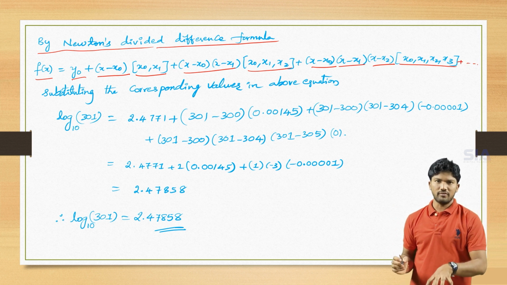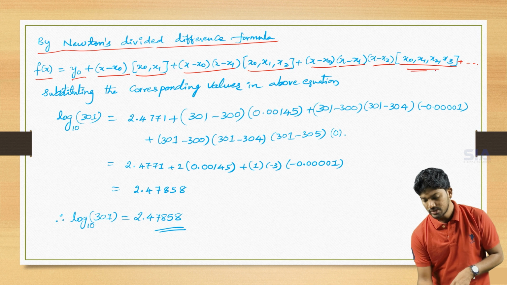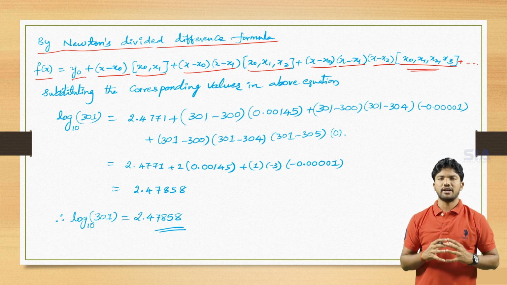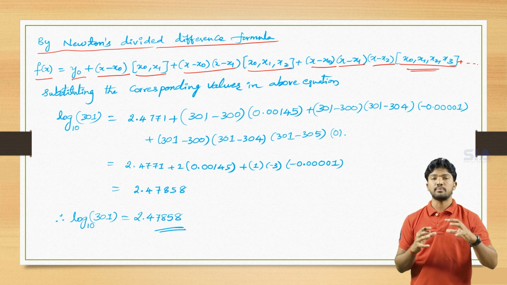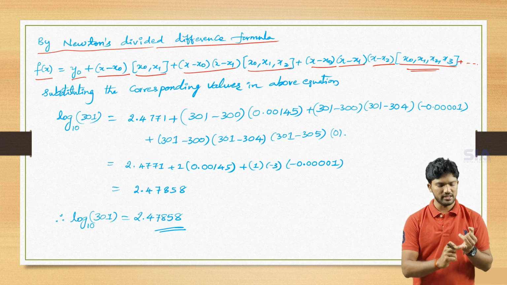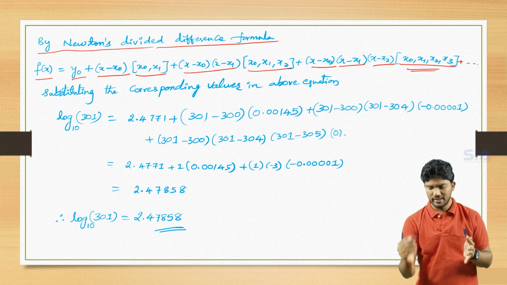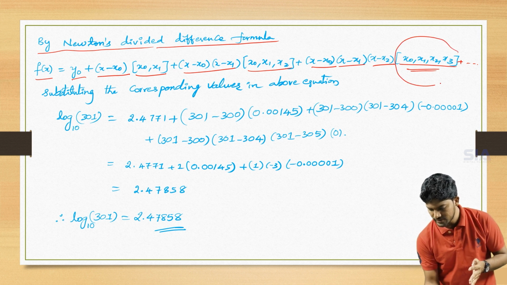But in our problem we can take up to the third divided difference. Why? Because in the given tabulated function we have values up to x3: x0, x1, x2, x3, a total of 4 values. Four values come in the third divided difference formula.